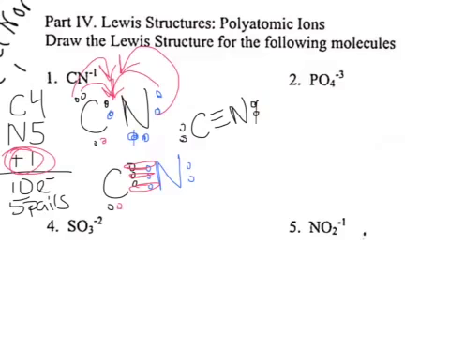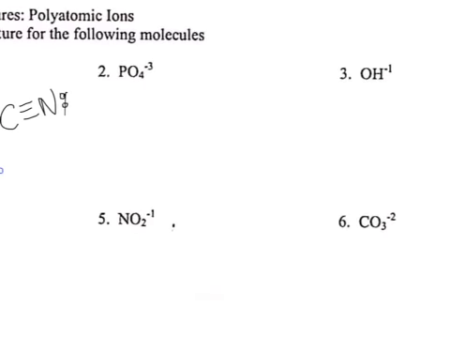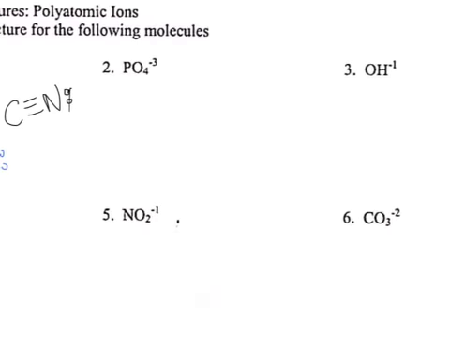Okay, number 2, PO4 -3. So we have phosphorus. Again, I'm adding up the electrons first. Phosphorus has 5 valence electrons. Oxygen has 6 valence electrons, and we have 4 oxygens.